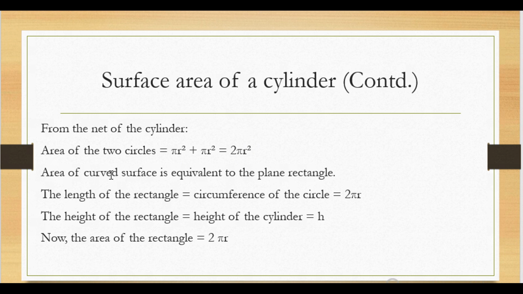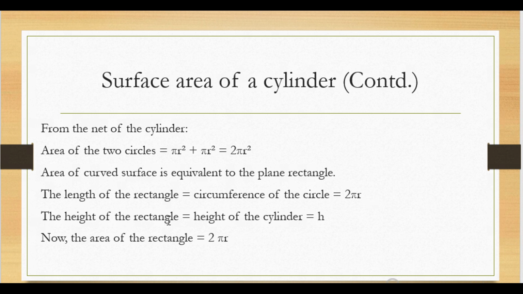Now the area of the curved surface is equivalent to the plane rectangle that we use to form the curved surface. The length of the rectangle equals the circumference of the circle. Now the circumference of the circle is given as 2 pi r.